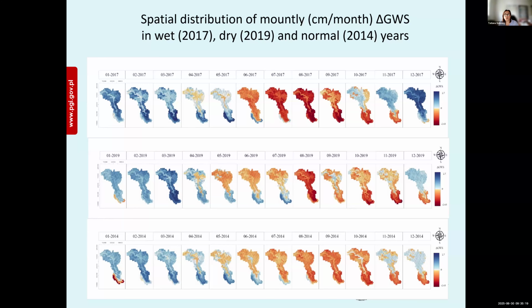Negative groundwater storage values appear earliest starting in April and lasting until September.